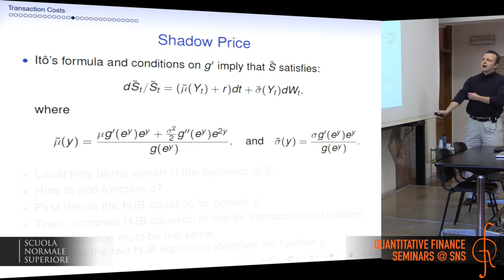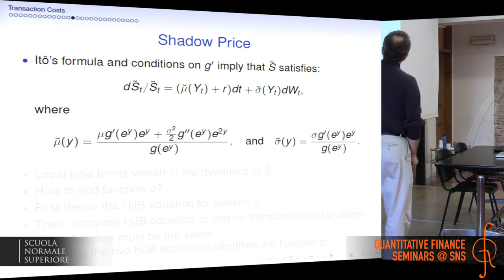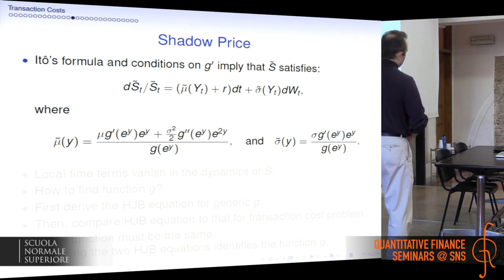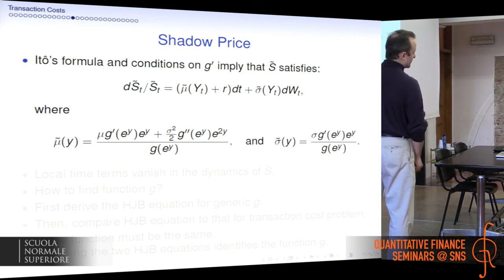So now you take the dynamics of S tilde, and you want to see what it looks like. Now, the dynamics of S tilde, the shadow price, is not going to be a Merton dynamics. It will be close to the Merton dynamics, but not quite the same. In particular, the drift will be non-constant, and the volatility will not be constant as well.